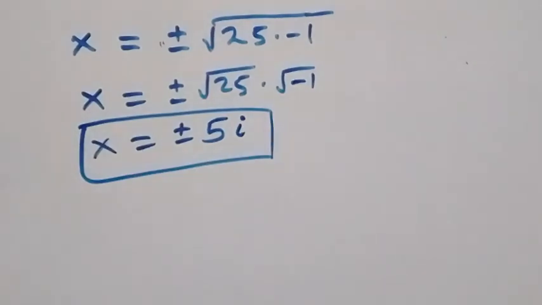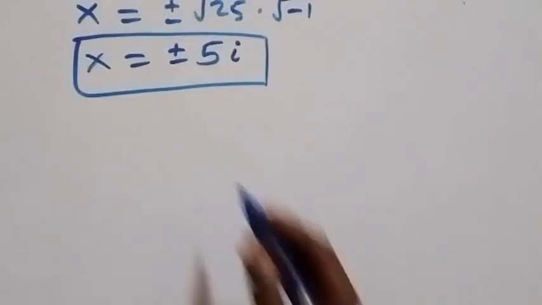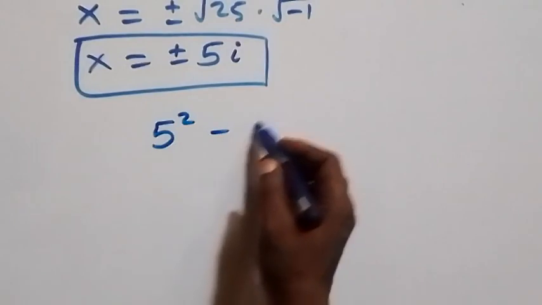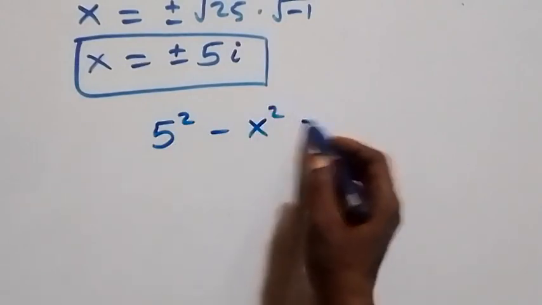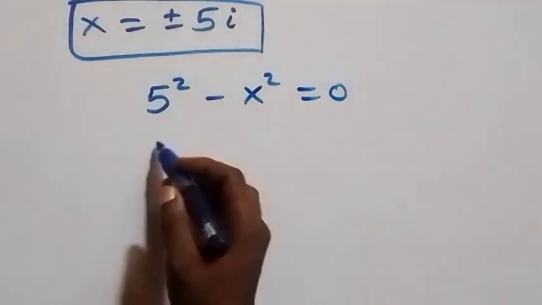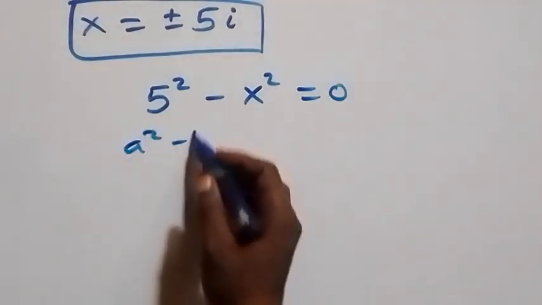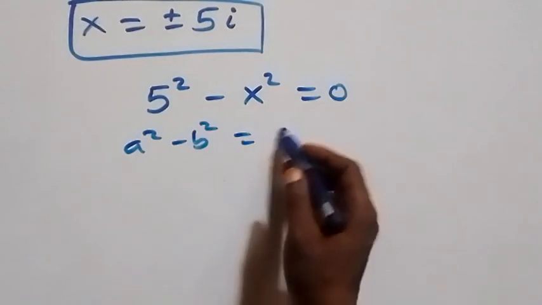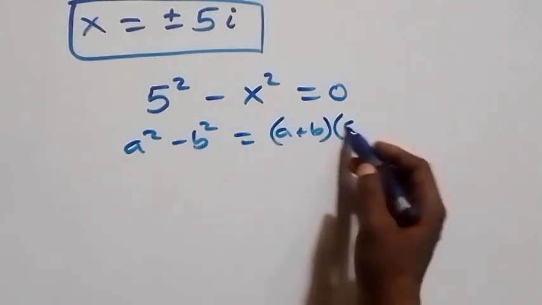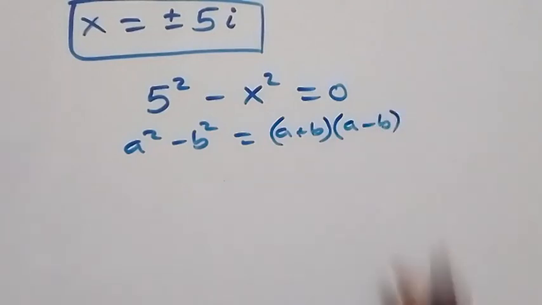Then from the second case, which we have as 5 squared minus x squared equals 0. This also follows the difference of two squares, that is a squared minus b squared, which is equal to a plus b in brackets, open bracket, a minus b.